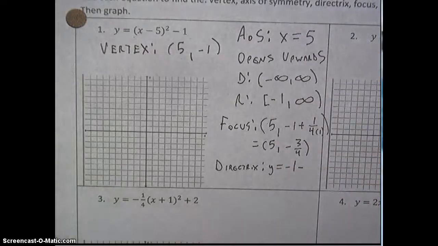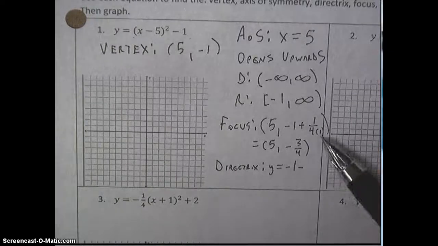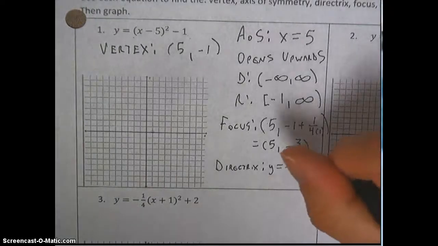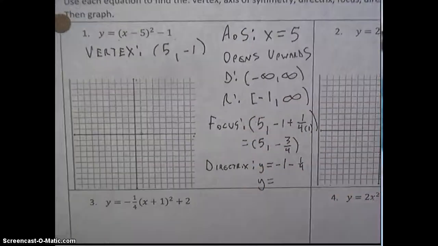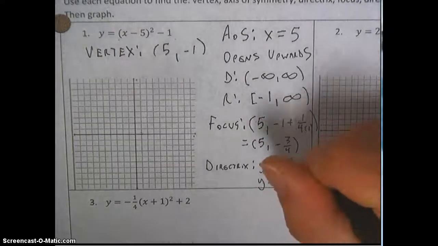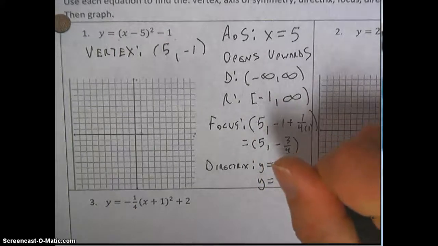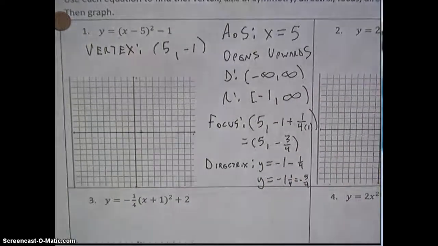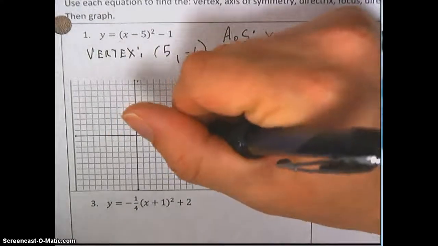Well, 1 over 4a we decided was already 1 over 4. So I'm just going to subtract off that 1 over 4. So the directrix is going to work out to be negative 1 and 1/4, or negative 5 over 4 if you prefer. Whichever fraction you prefer there. So let's graph all this stuff. So I know the vertex is at 1, 2, 3, 4, 5, negative 1.